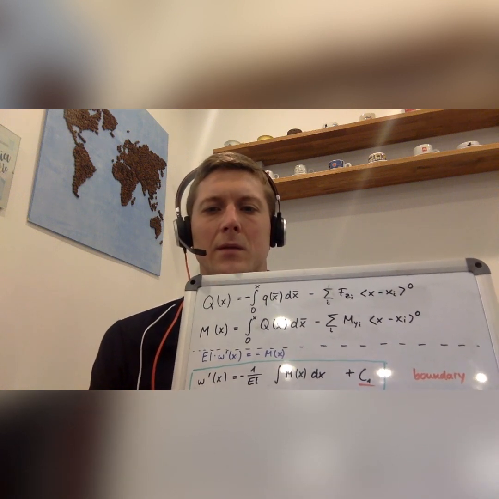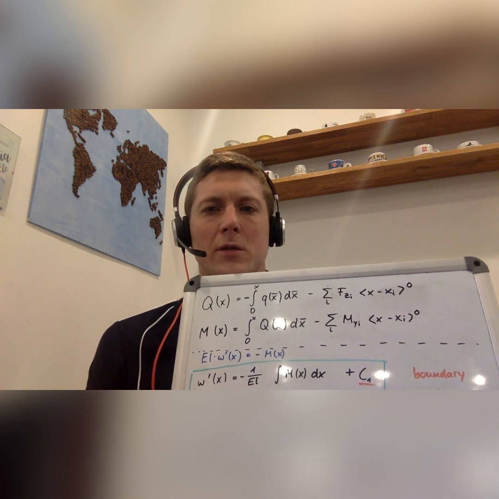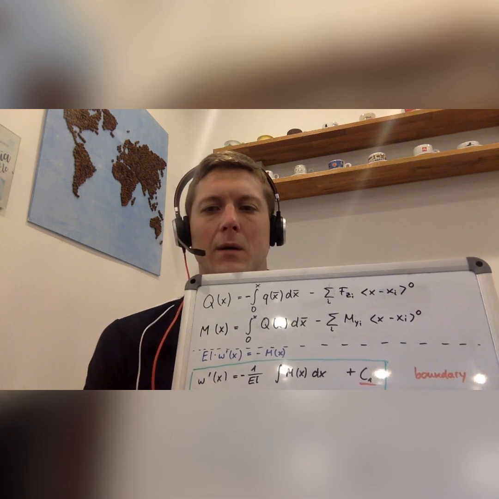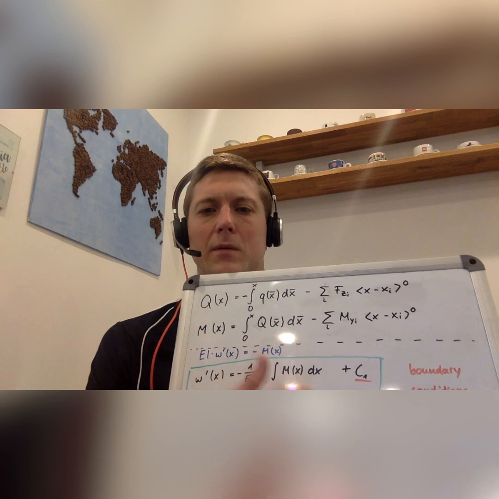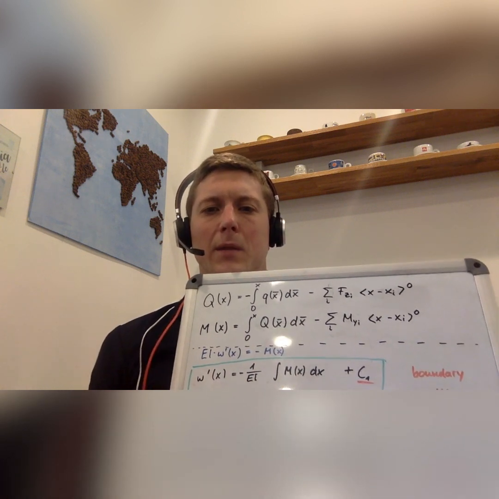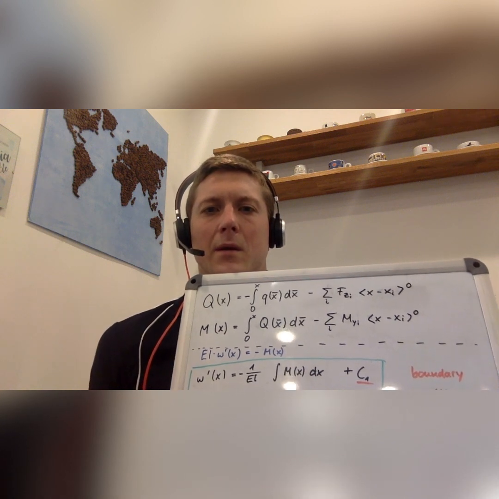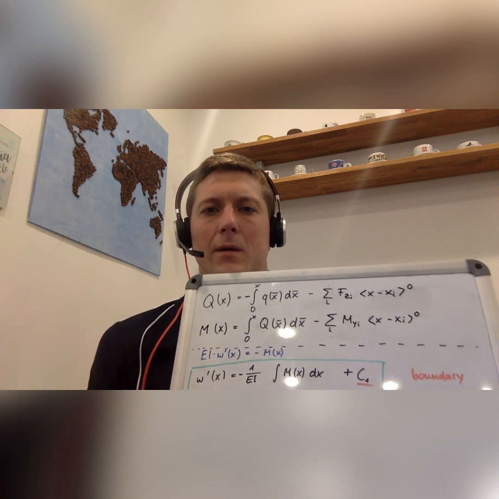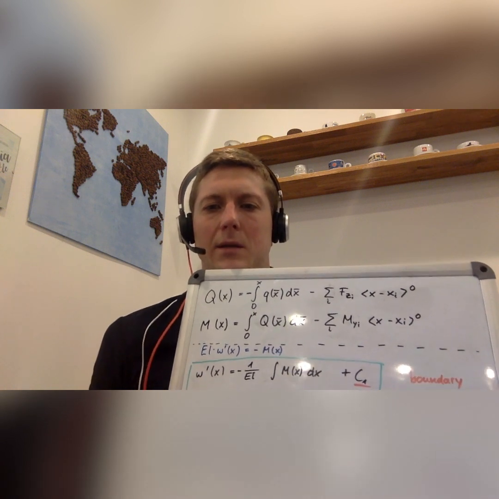So if you assume the position x equals 0, so the beginning of your beam, then the integral term would vanish, and you would have w'(0) equals c1. So this is exactly the slope or the inclination of your beam at the beginning, so at x equals 0.